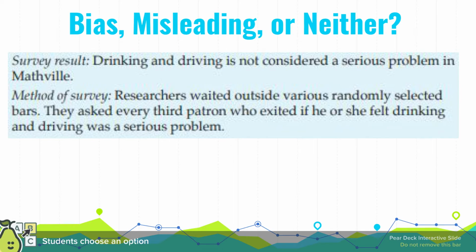This would be an example of undercoverage bias, because people who are strongly against alcohol and certainly drinking and driving would probably not have been in the bars, and thus they were excluded from the survey.